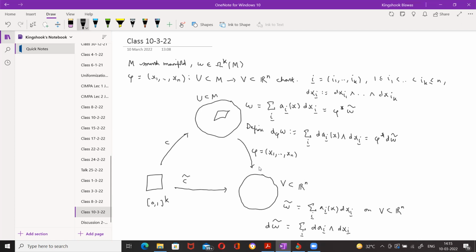Let me call that C tilde. So this is phi composed with C, which maps into Rn. Okay.